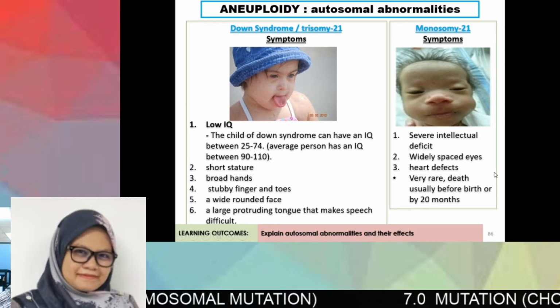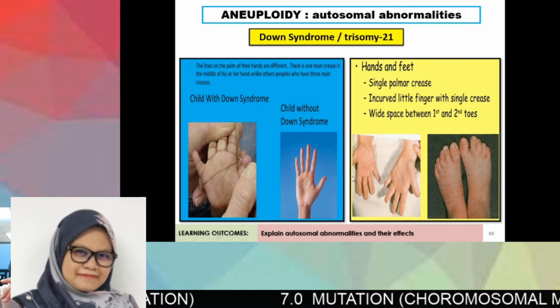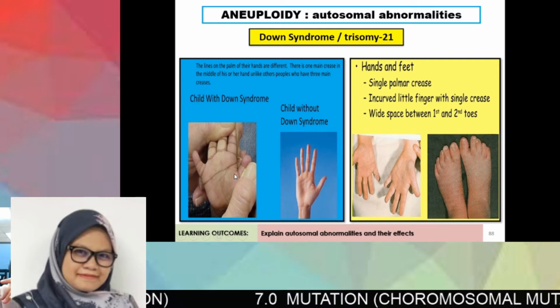This one you can read. Okay, the comparison at the palm, tapak tangan, di antara yang Down syndrome dengan yang normal, dia akan ada selalunya palm dia akan lebih stabil, dan the garisan macam Fiducia tadi, dia akan ada satu garisan yang jelas lah.